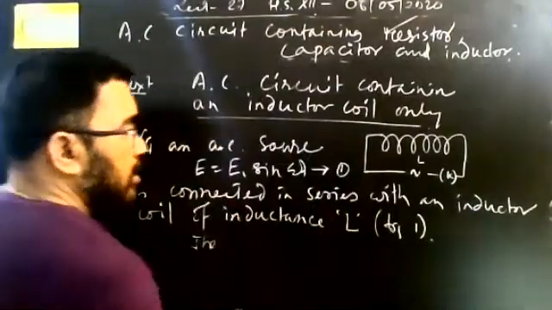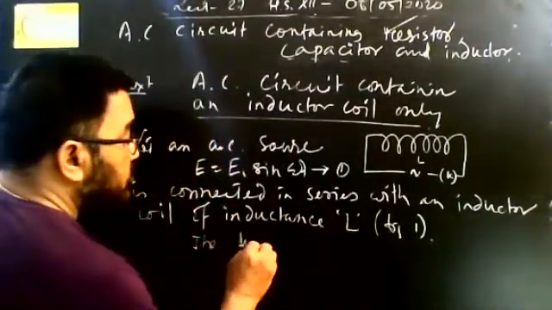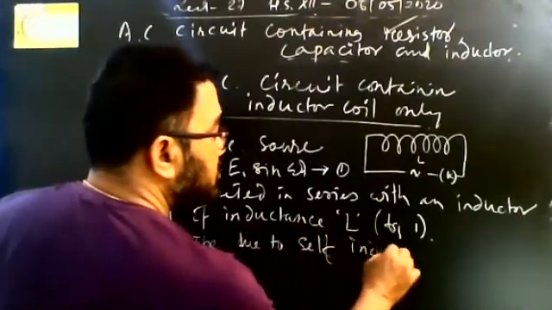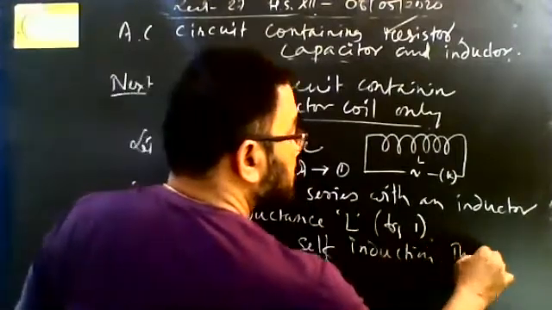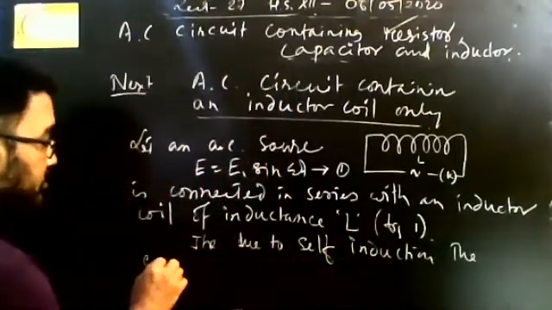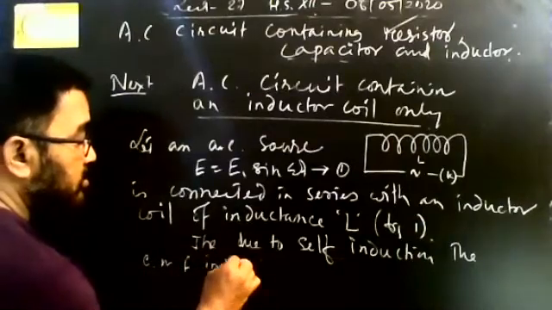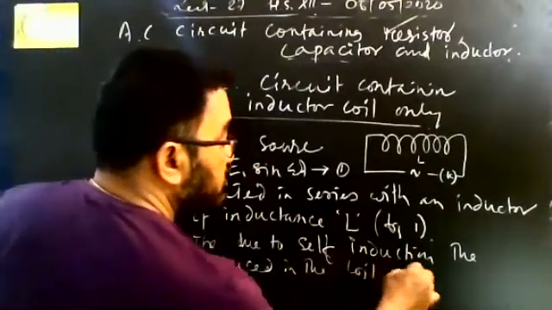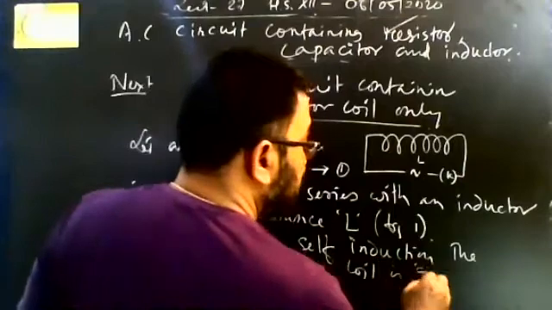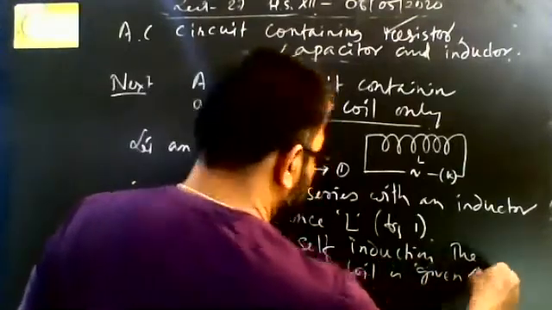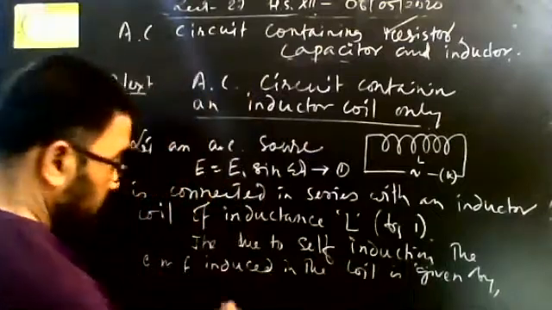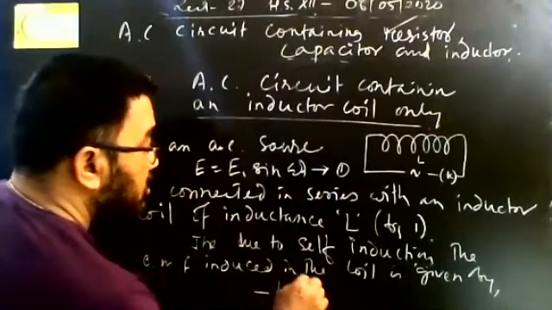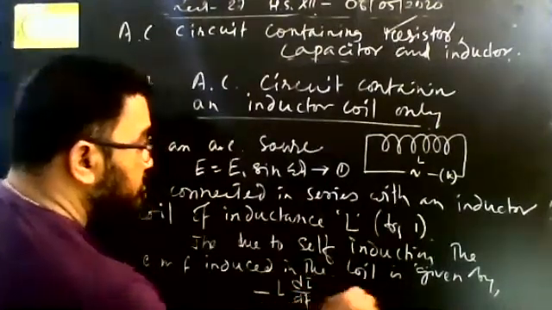Now, due to self-induction, the EMF induced in the coil is given by minus L di by dt.